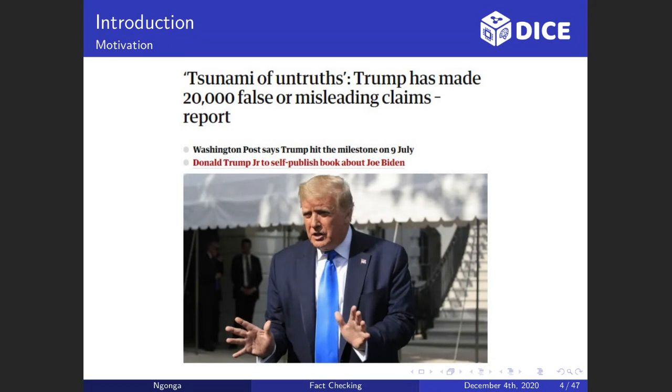Next year, I'll have to think about something else. But on July 9th, 2020, Trump hit what is considered a milestone in the history of US presidencies: 20,000 false or misleading claims in his statements.